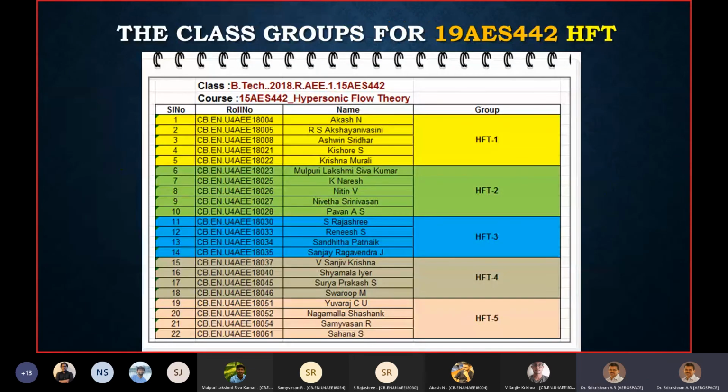Again, I'll leave it here. In fact, I make it the first assignment for you. Not for the entire class, I will go group wise. So I would request group 1, HFT1, to make a small presentation on Mach number and Reynolds number.